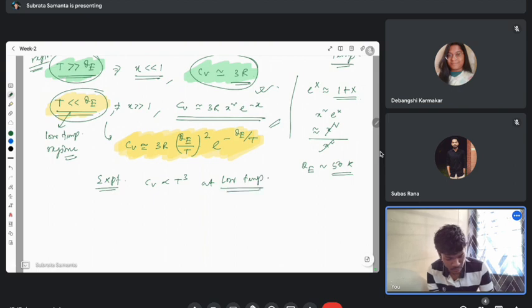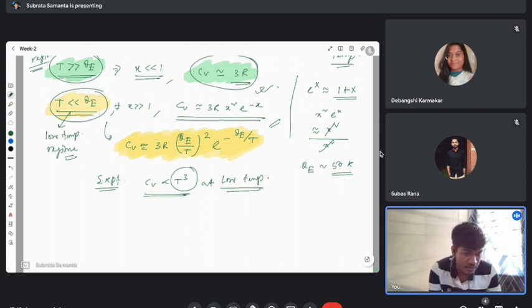So it's a power law kind of distribution. A power law means that a certain quantity depends on the power of some variable. So Cv is proportional to T to the power n, where in this case n equals 3.